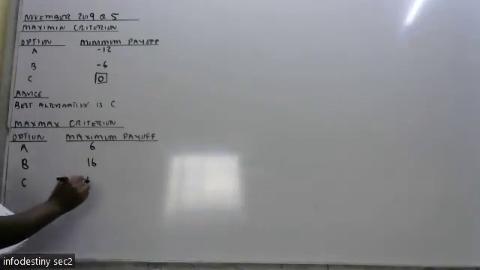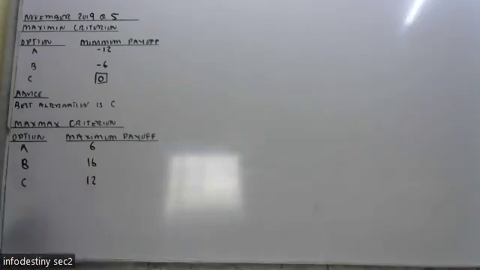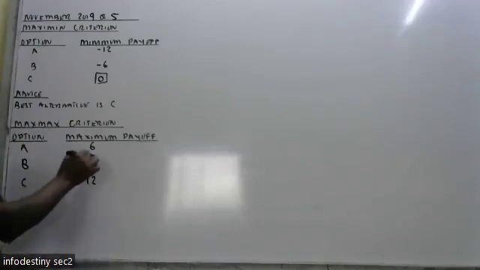When you go to C and run through, the maximum is 12. So this rule says select the maximum of the maximums.